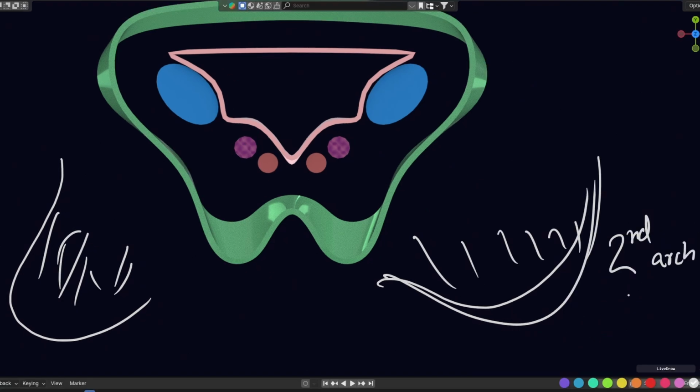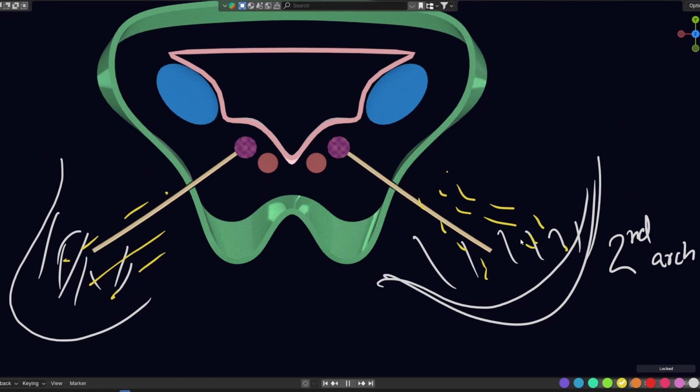So as this pharyngeal arch has developed, it will secrete certain factors. These are called neurotrophins. So it will release certain factors which will cause axonal elongation, and it will cause the axons to develop towards this second pharyngeal arch like this.